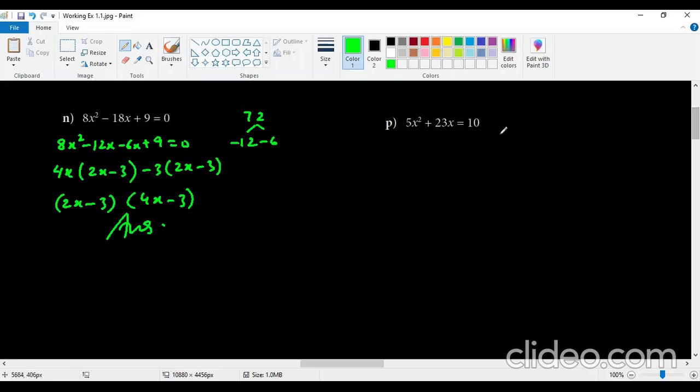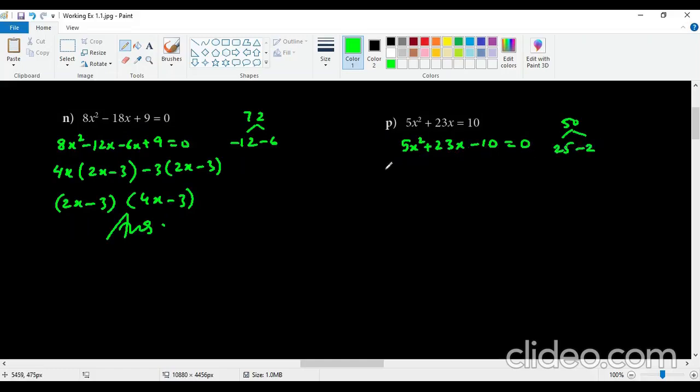Now comes this question. Here I need to rewrite this into a quadratic equation form. Minus 10. So 5 times 10 is going to give you 50, and for 50, 25 times 2 is better. 25 times 2 is 50, and plus 25 minus 2 is going to give you plus 23.